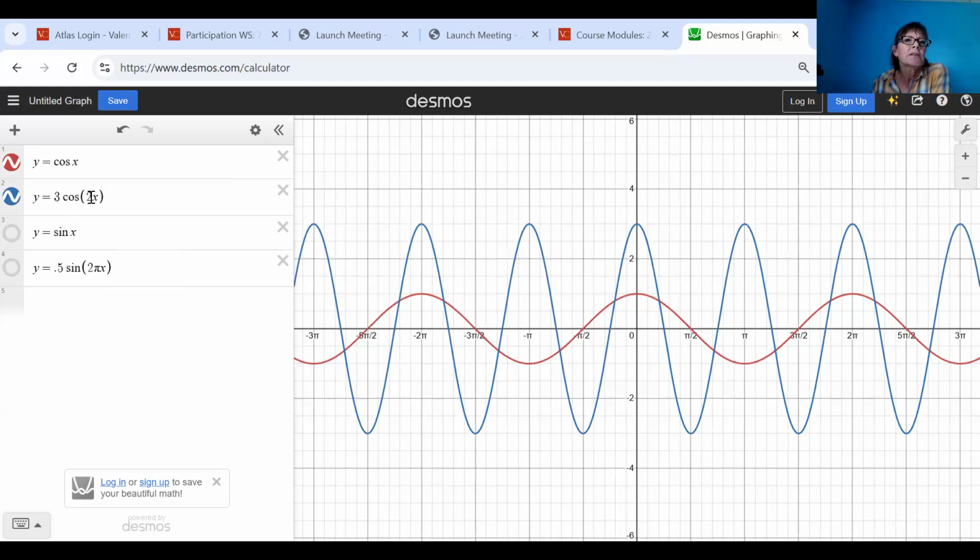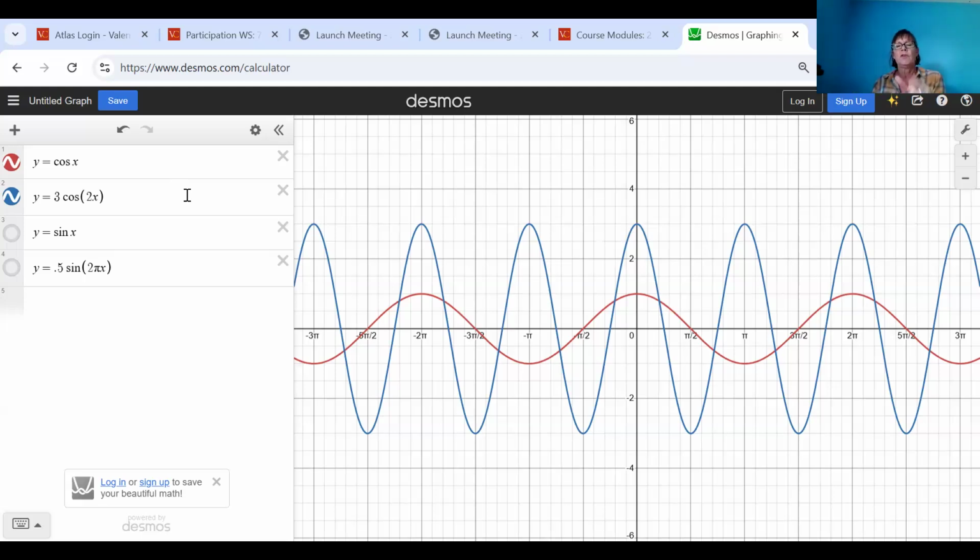And this 2 has cut the period from 2 pi to pi, so it completes one cycle in pi. So this blue graph has changed the frequency, how often it completes a cycle, and the amplitude, how high and low it toggles. Even when we hand graph it, it won't look all that different, but we've labeled it so we know it's different.